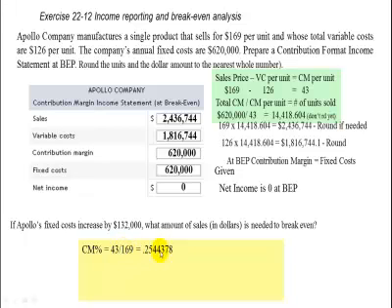43 divided by 169, leave it in your calculator, and let's go on down to the break-even point in dollars, which is what we're looking for here. How many dollars do we have to have to break even if we had that many additional fixed costs? The break-even point in dollars is equal to fixed costs divided by the contribution margin percentage, or the contribution margin ratio. So our fixed cost increased.